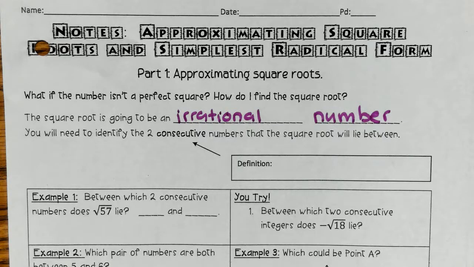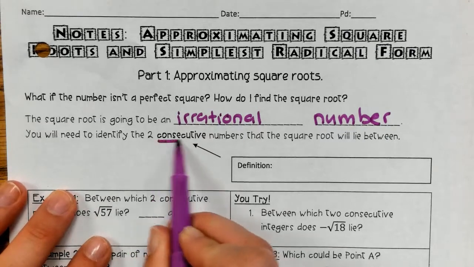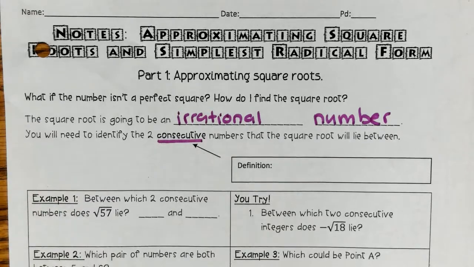So since we can't get an exact number, we're going to identify the two consecutive numbers that the square root will lie between. Can someone tell me what consecutive means? Good, Yassine. One after the other. So what's an example of consecutive numbers? 1 and 2, 2 and 3, 5 and 6. Something that's not an example would be 10 and 20, 11 and 14.